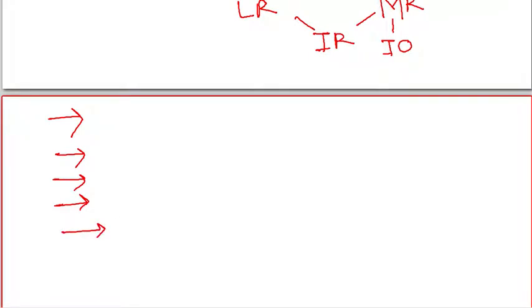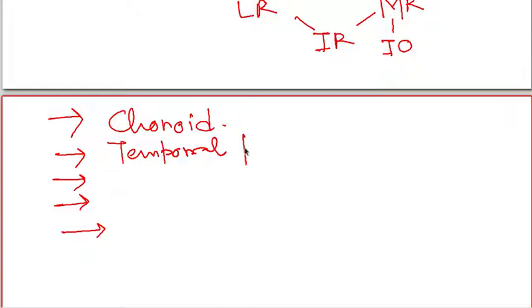So the first structure is the choroid, the temporal part of the sclera, and then vascular endothelium.